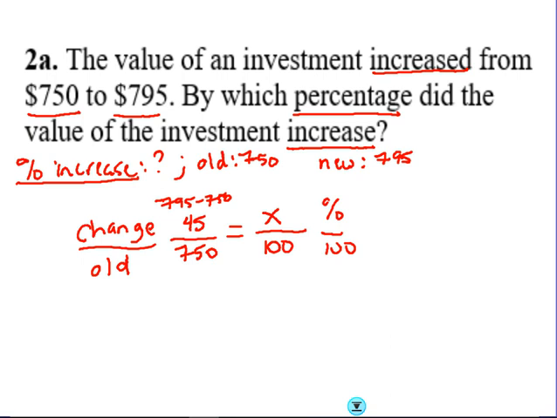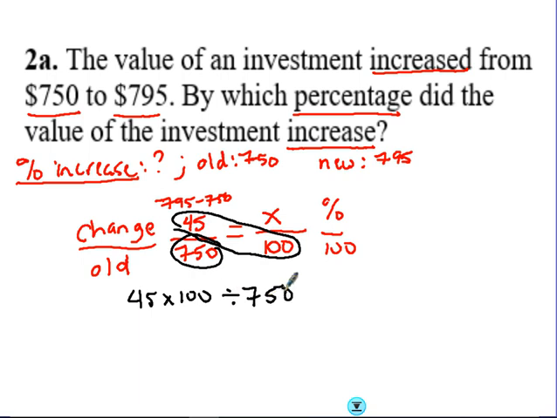So to solve this, once it's set up, it becomes pretty easy. I'm simply going to multiply 45 by 100, and then divide that answer by 750. When we solve that problem, we'll end up with a final answer of 6%. And I know it's a percent because it's in the percent space.